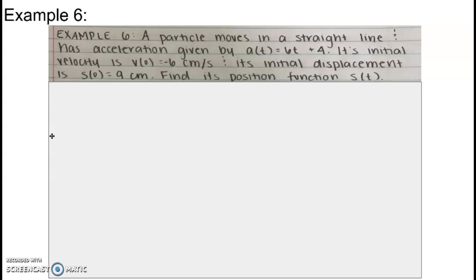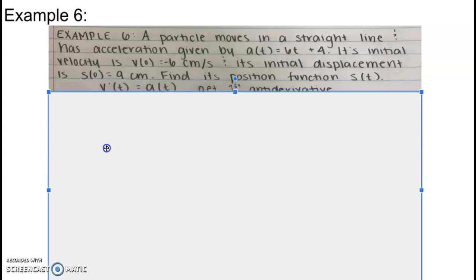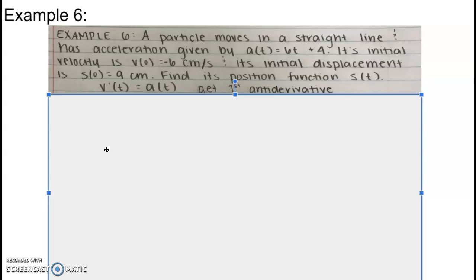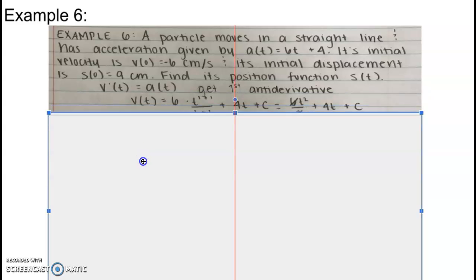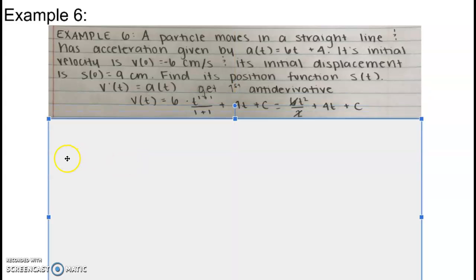Well, for this, v prime of t equals a of t. So let's start by getting the first antiderivative. And we can do this by how we've been doing it this whole class. So v of t equals 6 times t to the 1 plus 1 over 1 plus 1, plus 4t plus c.